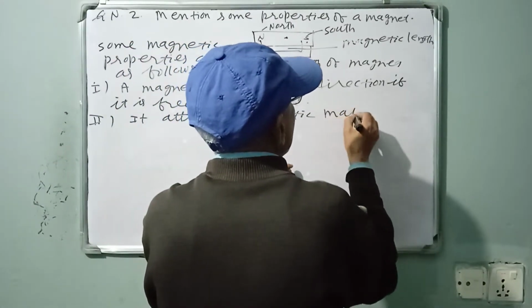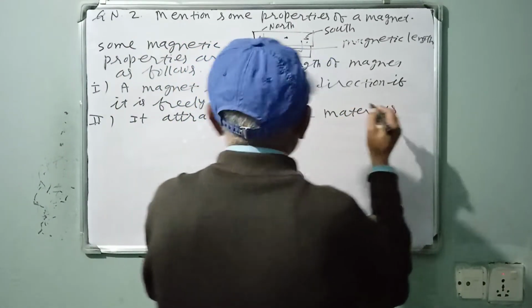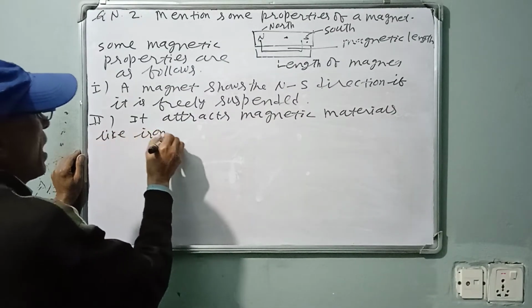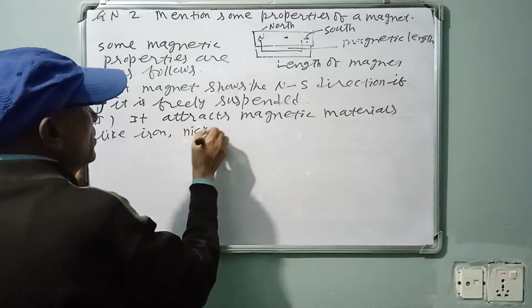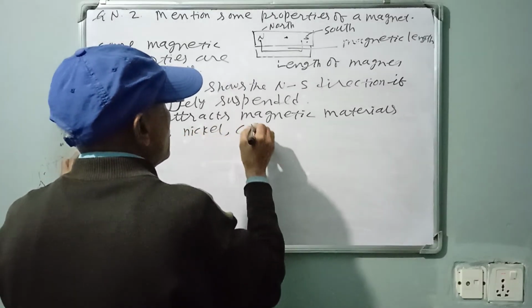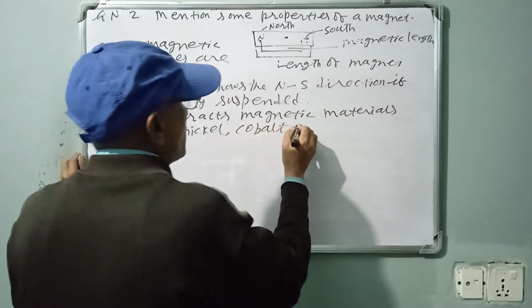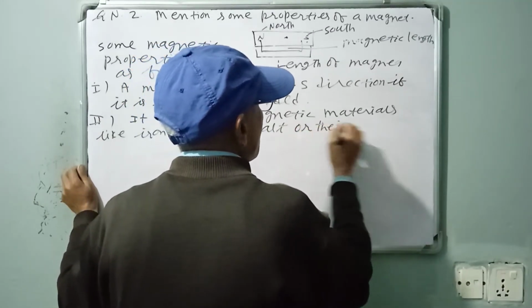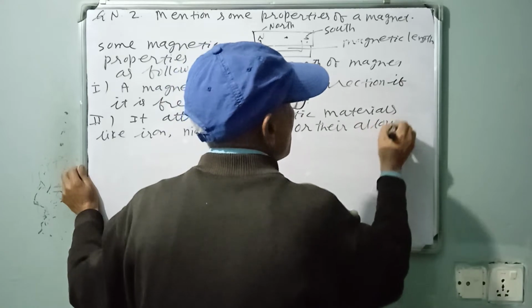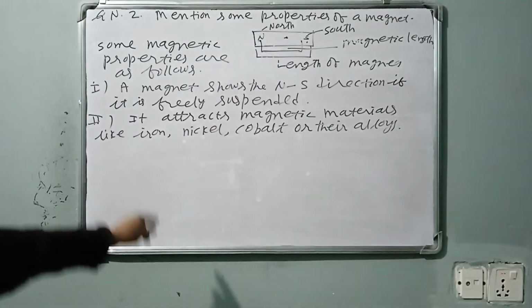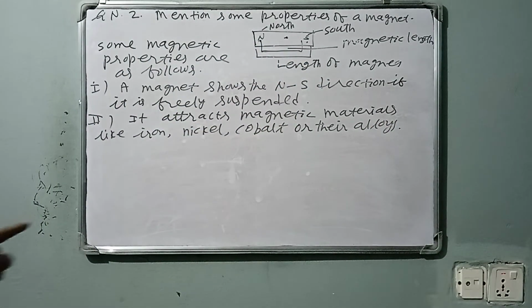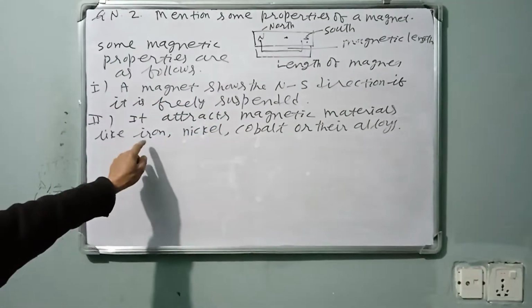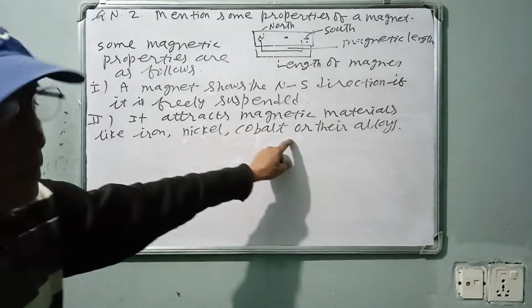Magnetic materials like iron, nickel, cobalt. A magnet attracts iron, nickel, cobalt, and the homogeneous mixture of iron, nickel, or cobalt.